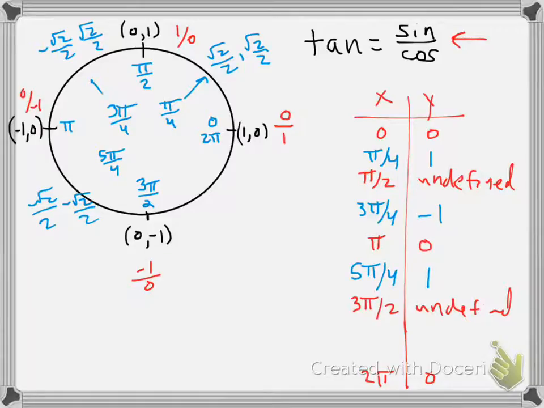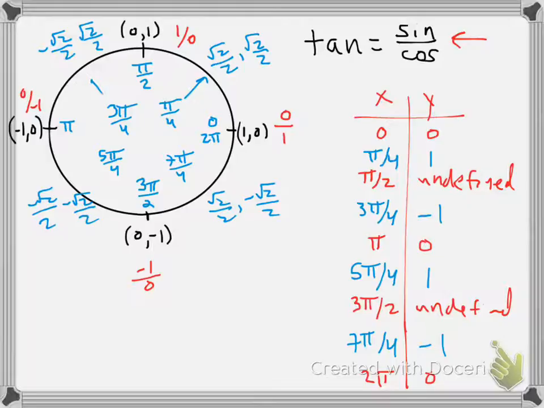And then over here at 7 pi over 4, the cosine value is positive, but the sine value is negative, meaning I'll get -1. So now I have this really nice periodic function, 0, 1, undefined, -1, 0, 1, undefined, -1, 0.